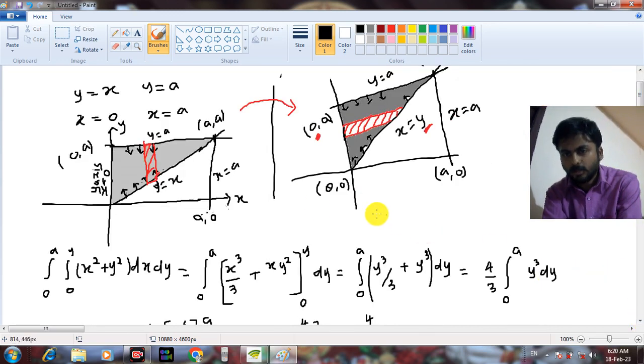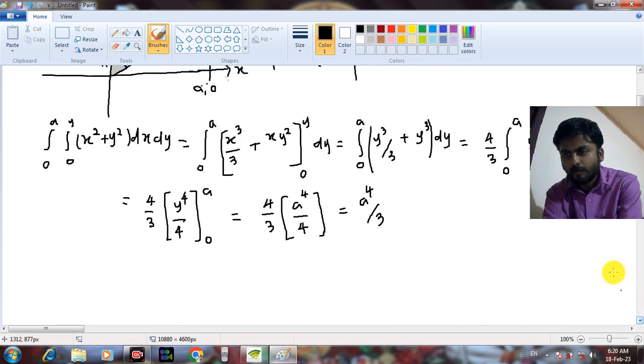For this figure, we considered the order of integration as dx and dy, considered the corresponding limits, evaluated it, and found the result as a power 4 by 3.